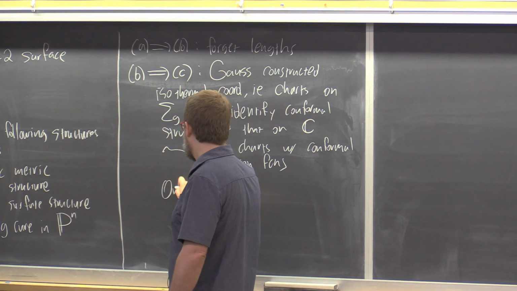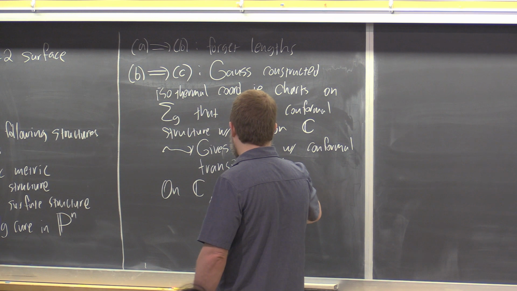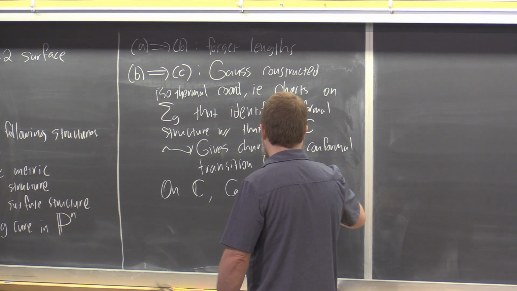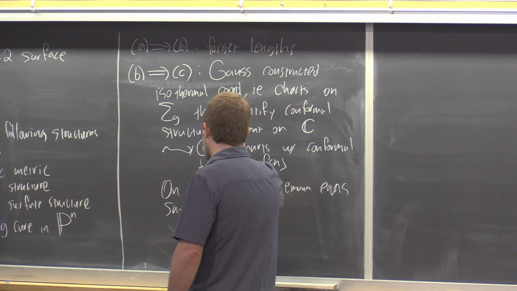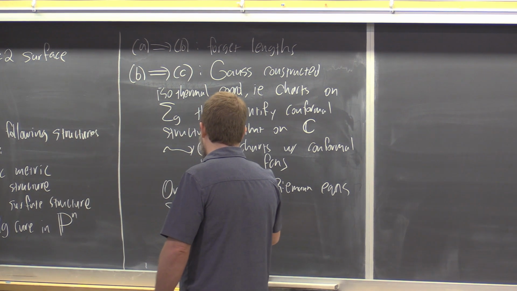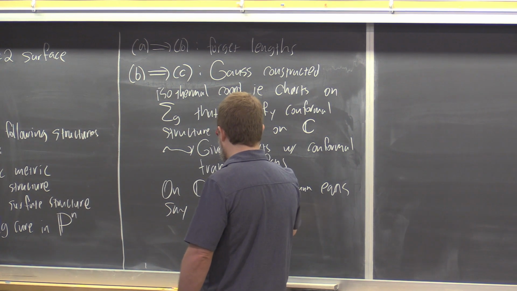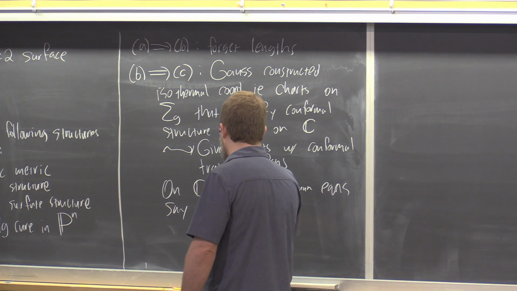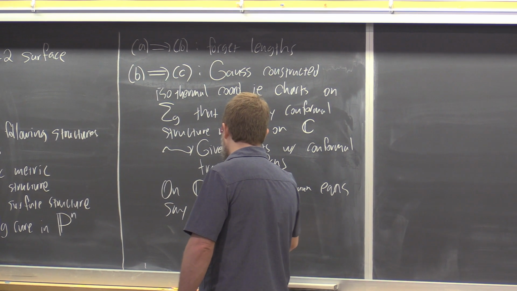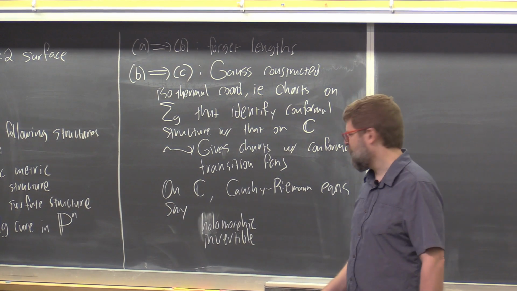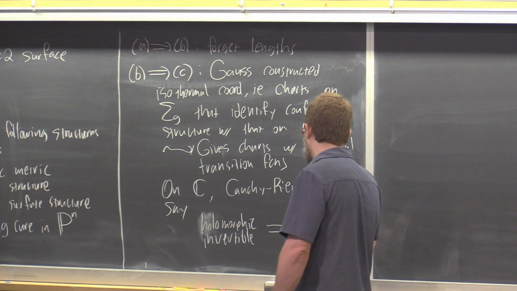So C. The Cauchy-Riemann equations say that the transition maps are holomorphic and invertible. So biholomorphic, which is the same thing as conformal and invertible.